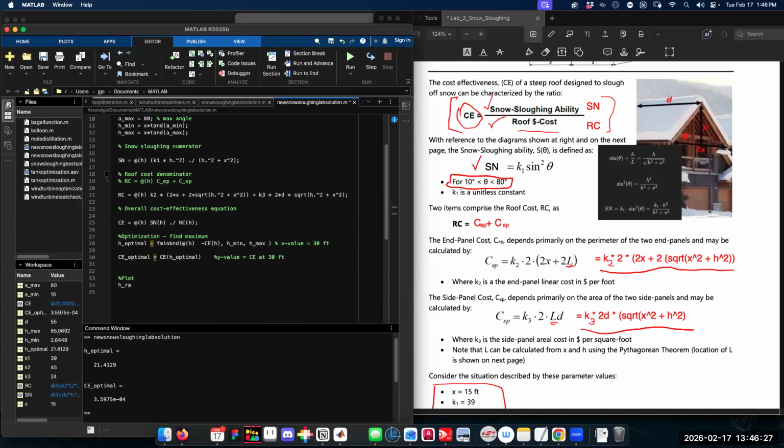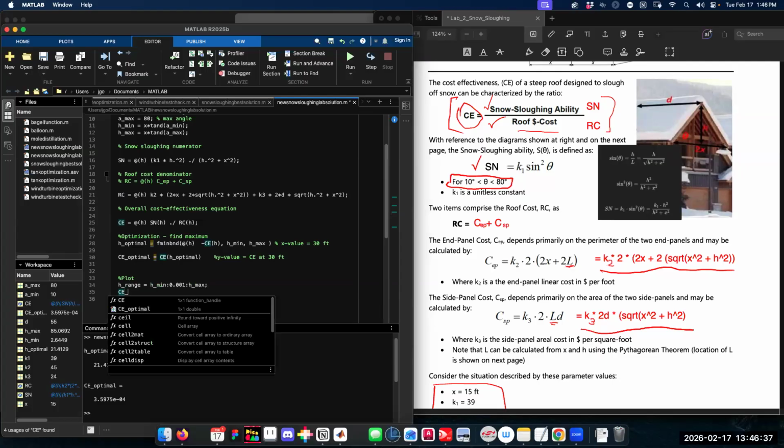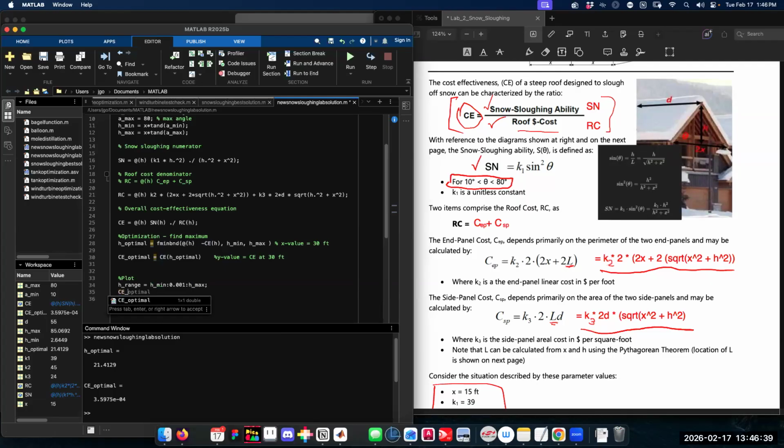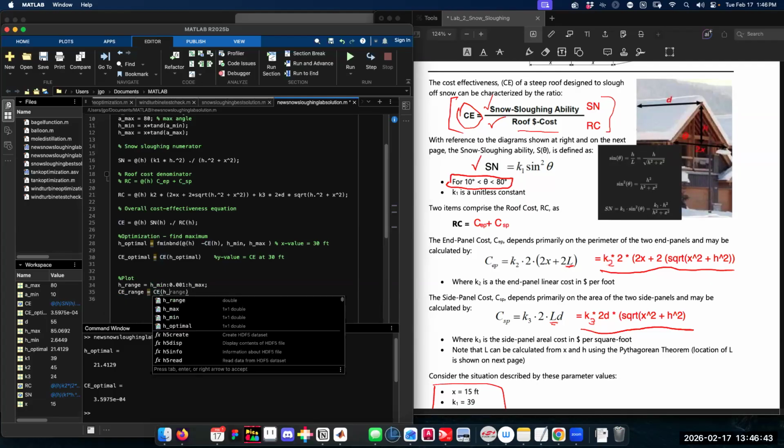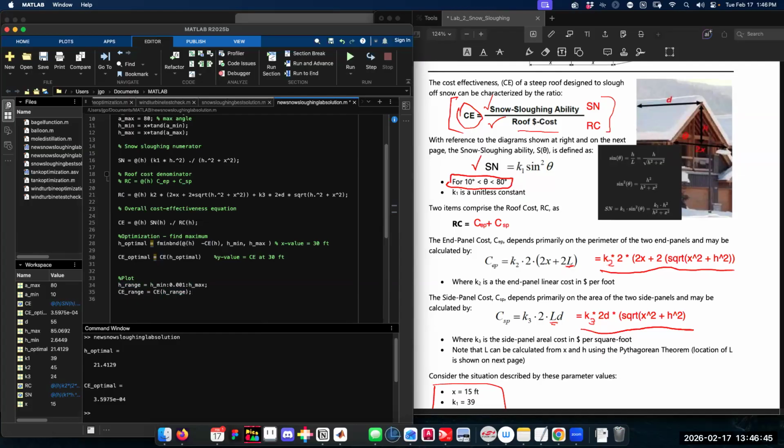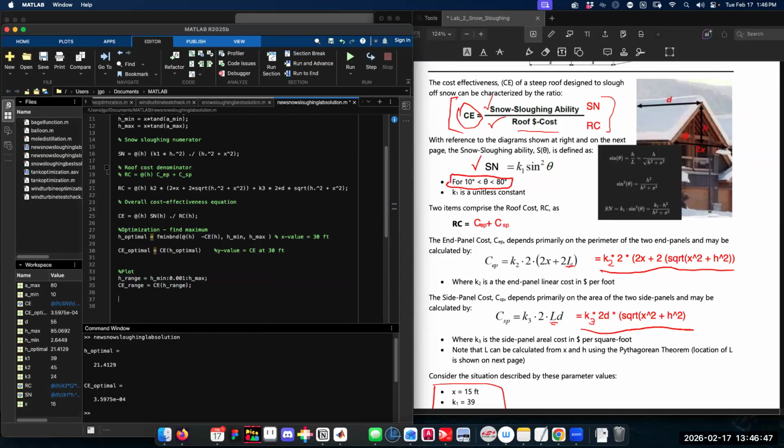So let's plot it. Let's make a range of h's from the min to max, and then CE range is going to pull that in, CE with H range, like that. And then I think we can plot it.